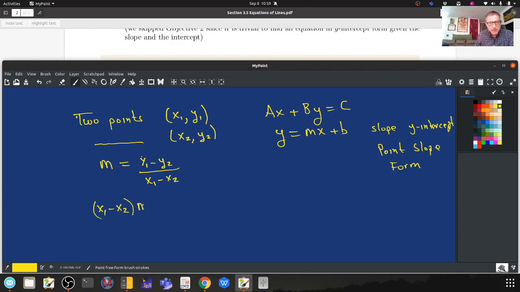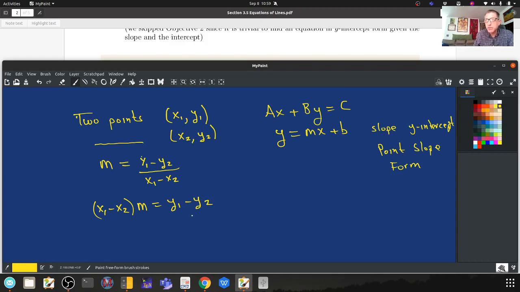So that gives m times x1 minus x2 is equal to y1 minus y2.